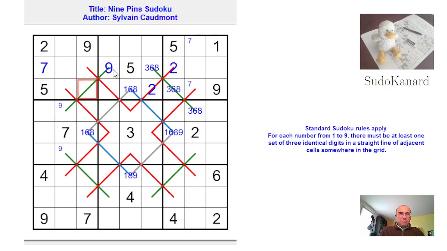And this is not a repeating set. So that's the green line that's not repeated. So this green line is repeated and it can't have the 9, so the 9 is here. Now I must have a 9 somewhere in here.